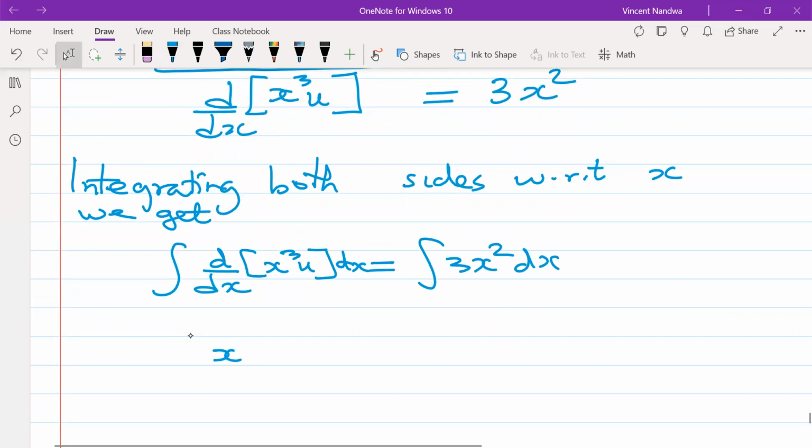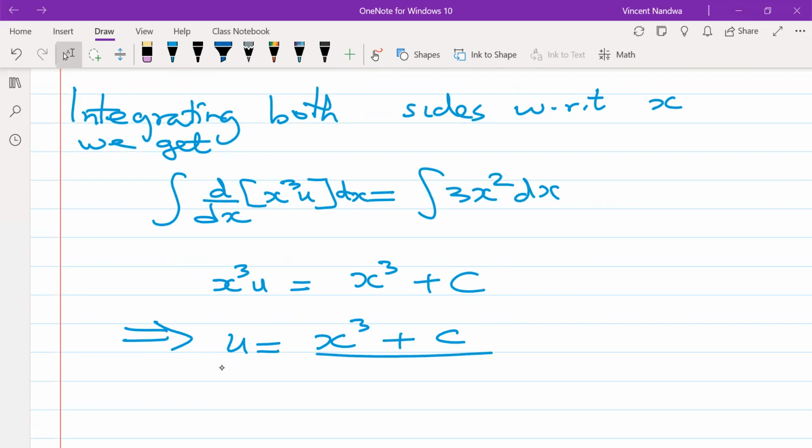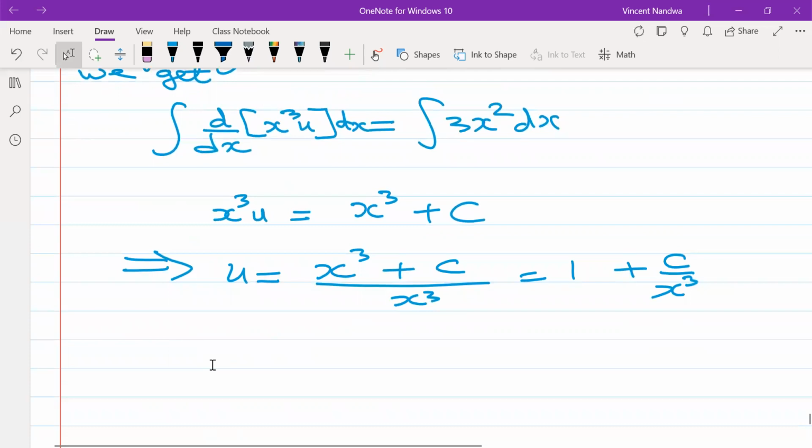And this will give you x cubed times u. This will give you x cubed and then plus a constant c. So which means u alone will be given by x cubed plus c divided by x power 3, which is 1 plus c over x cubed. But u was not in the question.